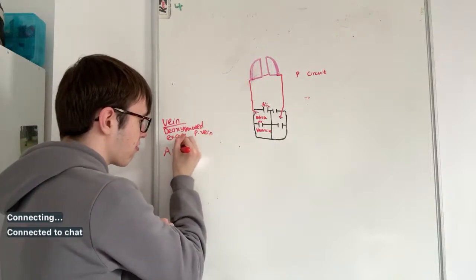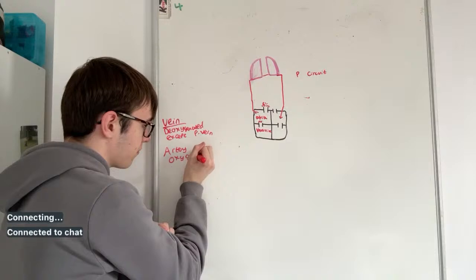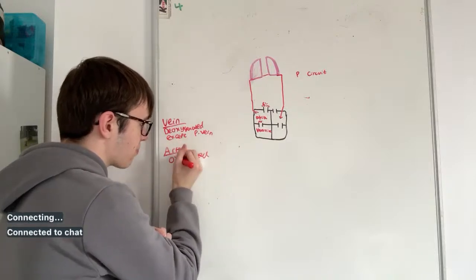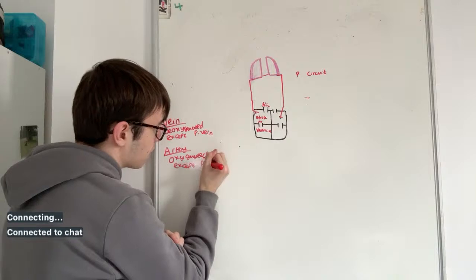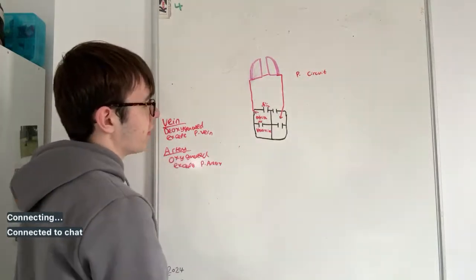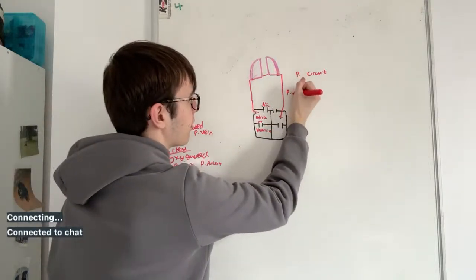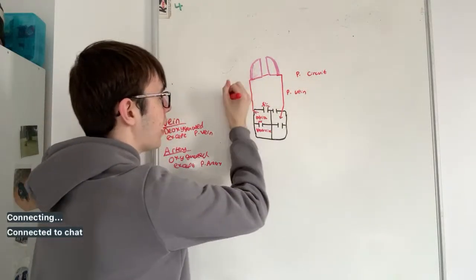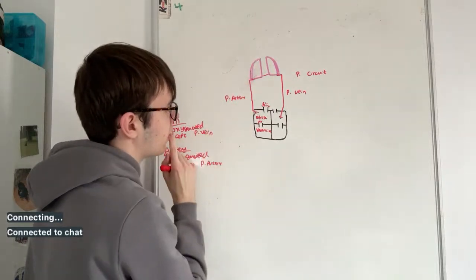And arteries are for oxygenated blood, except for the pulmonary artery. So your pulmonary circuit, that will be your pulmonary vein, that will be your pulmonary artery.